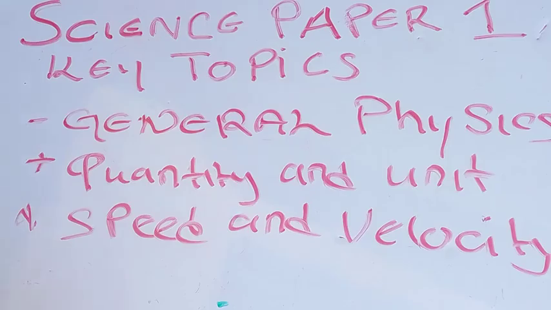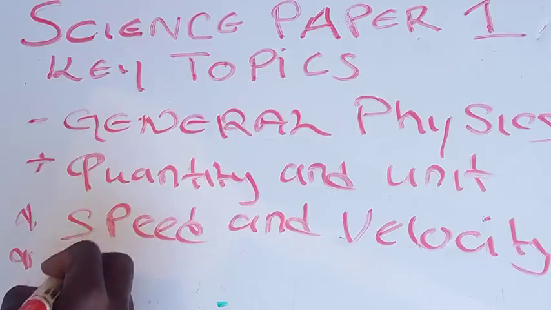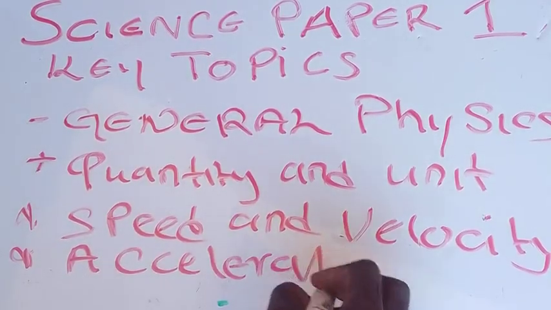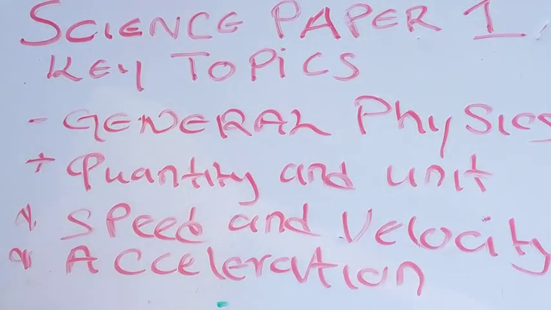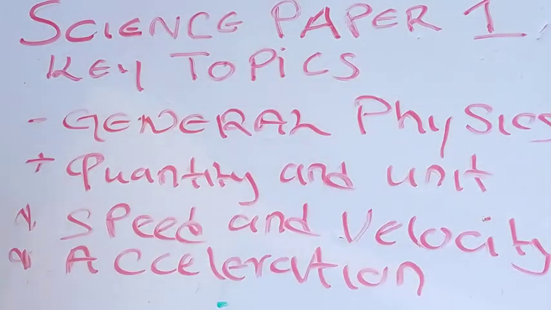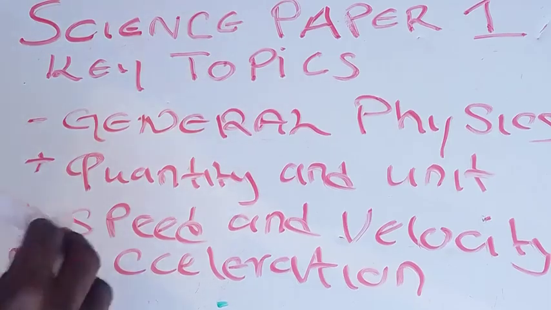Then the third thing is acceleration. After knowing quantities and units, speed and velocity, know acceleration. These are the subtopics under general physics. Go through them, please. These topics come, and we're going to find them in the science paper.